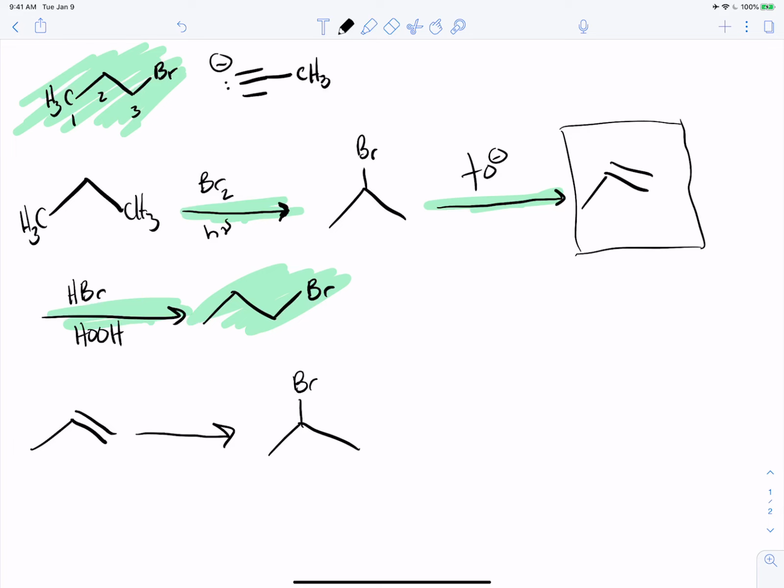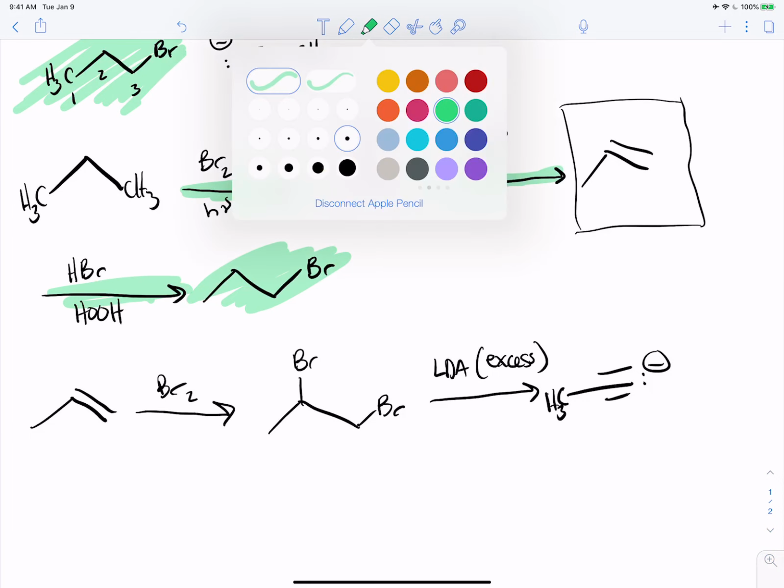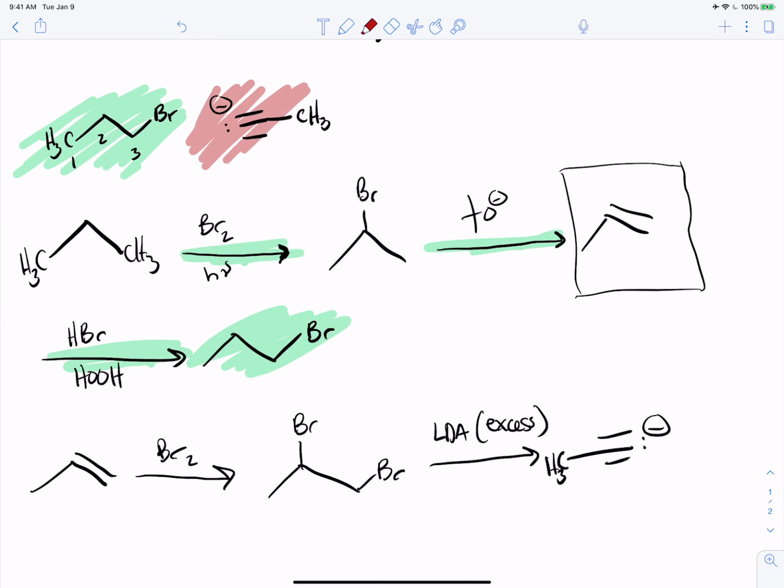And so we can use bromination here to get that, and then we can just do LDA in excess, and from that we will get the anion that we're looking for. And so now we've got like this new retro palette. Now we've got this made.